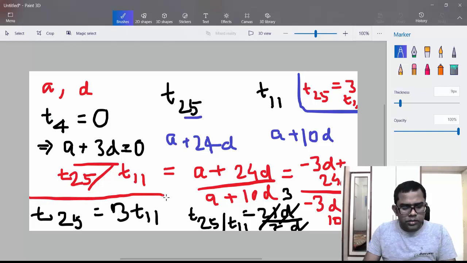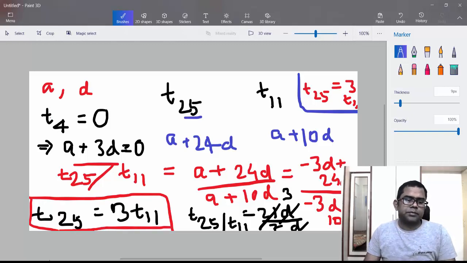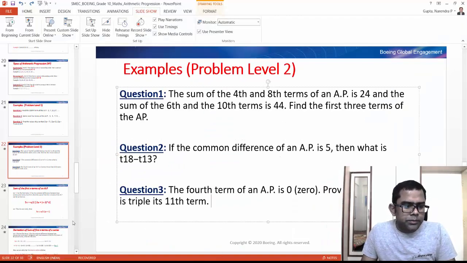So this was our requirement and this we have proved now. Hence proved. Moving on.